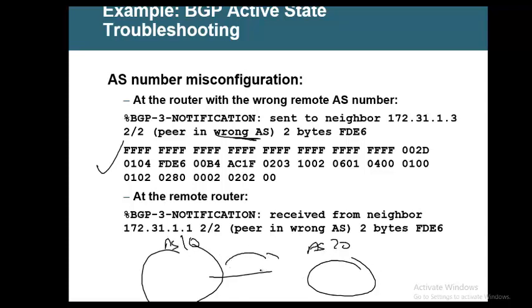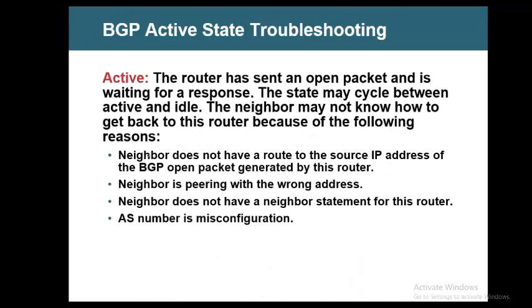Originally, it is coming from autonomous system 10, but here in the neighbor statement, you said my neighbor is in autonomous system 100. Mistakenly, you put 10. So it says pairing with wrong AS. This comes repeatedly every few seconds. When you fix that, then it will become normal.